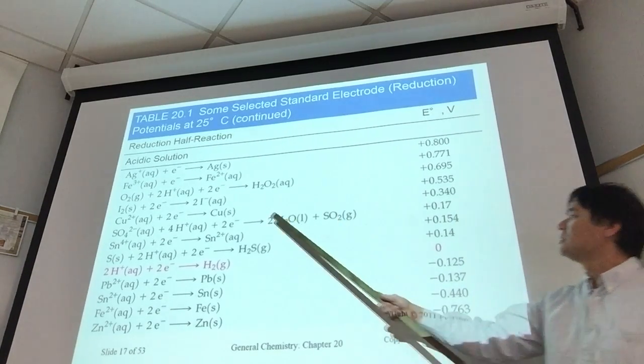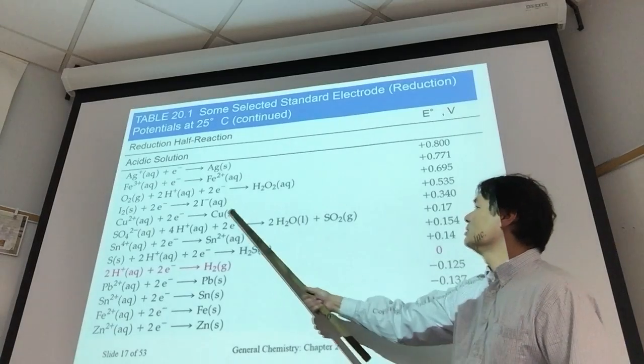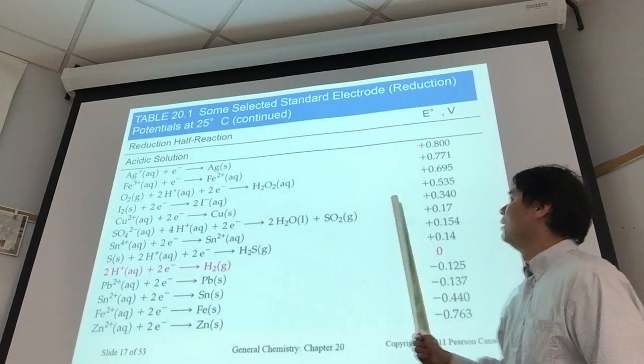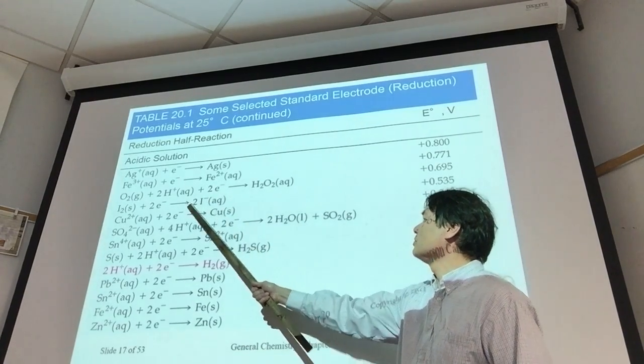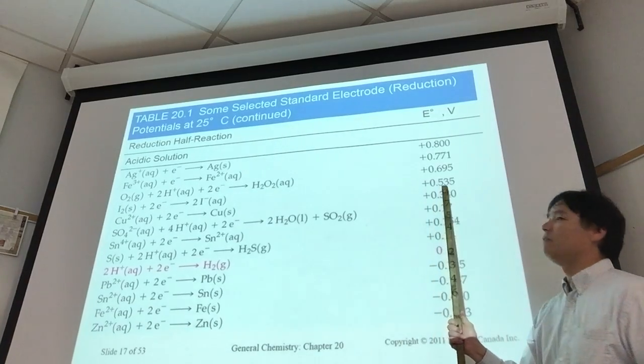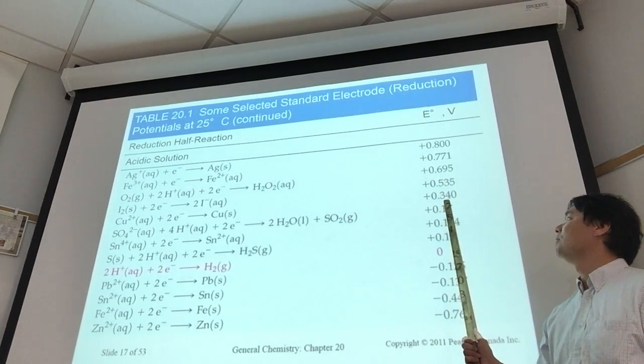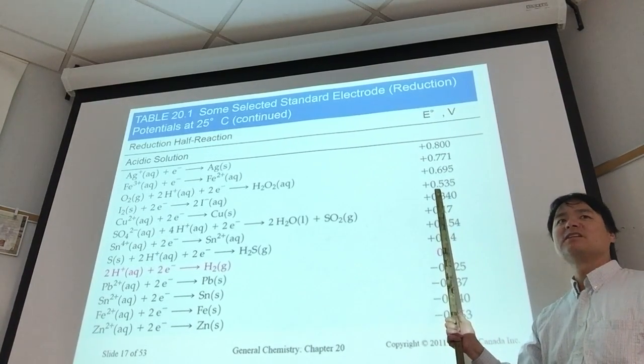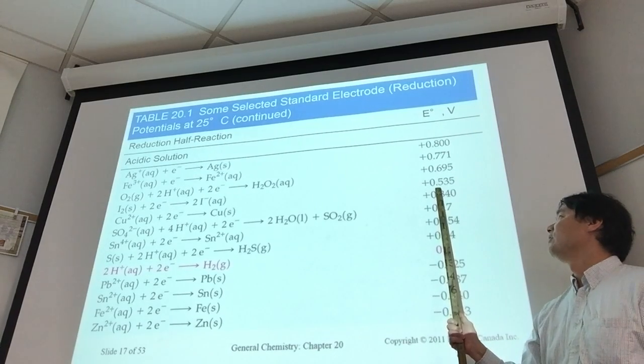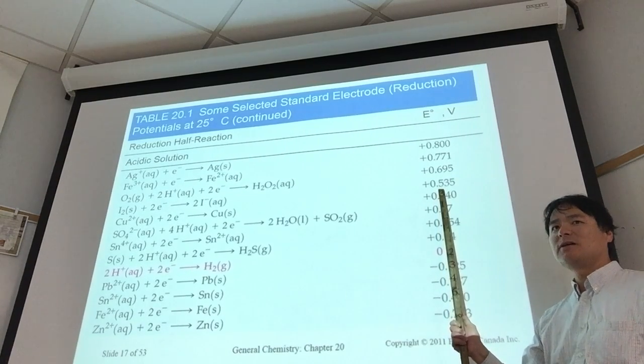Whereas if I try to oxidize something more difficult, this is positive 0.34, and if I reverse this one, it'll be negative 0.53. So positive 0.34 plus a negative 0.53 is going to be non-spontaneous.